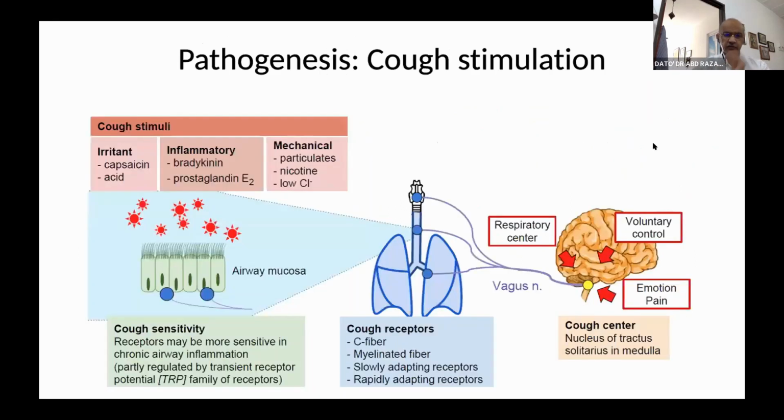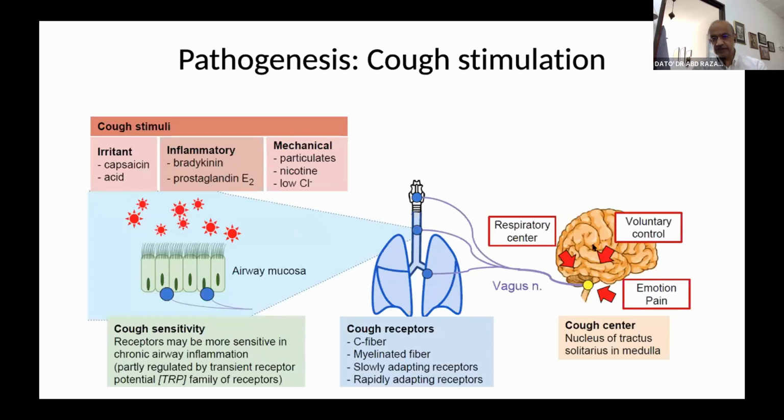What triggers a cough? Anything in the airway, okay? So the airway can be the first place where they trigger the cough. Something irritating the airway can be acid, capsaicin, bradykinin, prostaglandin, or any foreign body, okay? And when it triggers, it goes to your brain.